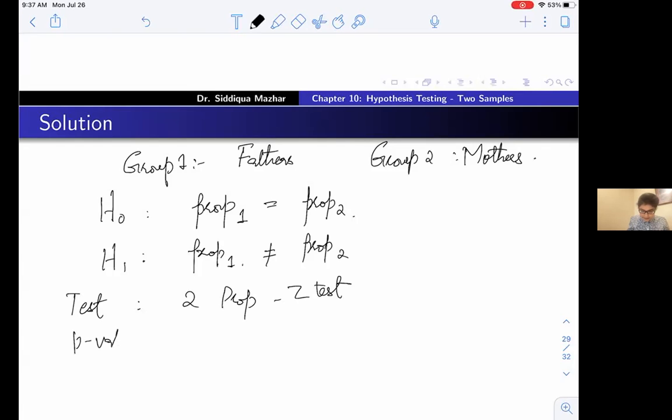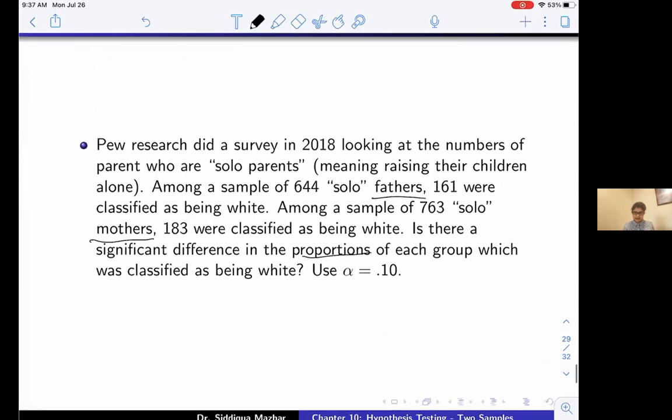So now I have to find the value of P. Again, go to stat, test, press 6 for 2 prop Z test. X1 and N1 are associated with the fathers group. So how many fathers were selected for the sample who were classified as white? 161 from 644 solo fathers were white, and N1 is 644, the total number of fathers.